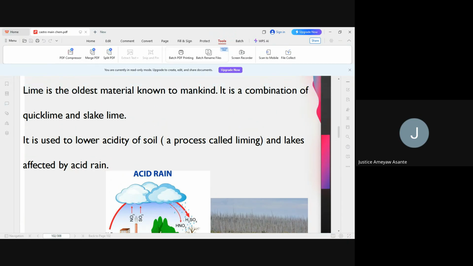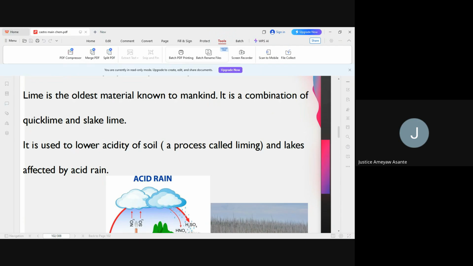Now, their importance. You see, we get calcium from calcium oxide, which is lime. So when you say slaked lime or quicklime, we are not referring to the lime that we take.